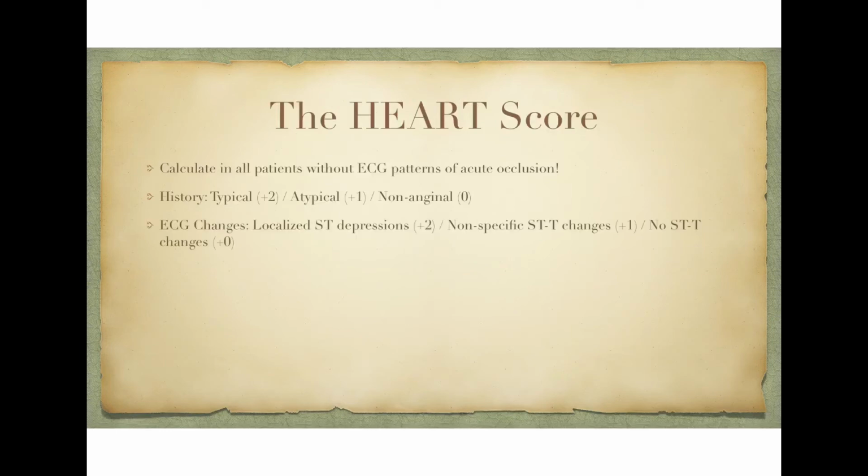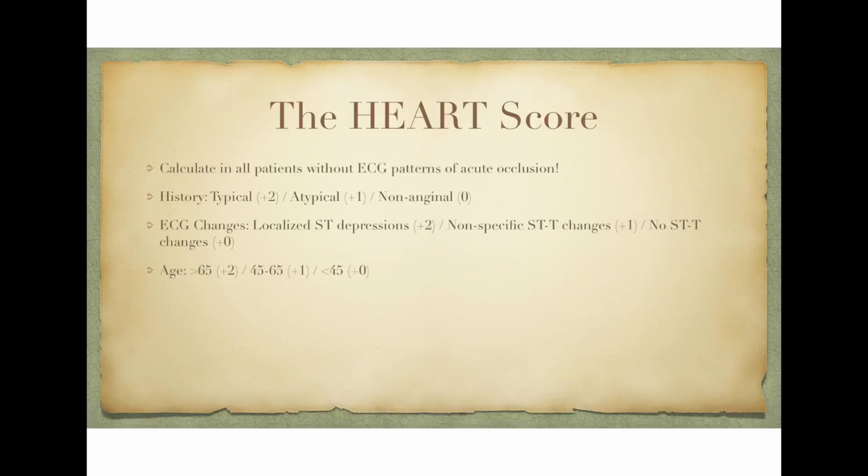E is for the ECG changes, whether they have localized ST depressions, non-specific ST changes, including T-wave inversions, or no ST changes at all. Any patients with ST elevations that are concerning shouldn't be getting triaged using the HEART score. They should be going straight to cardiology for possible PCI.